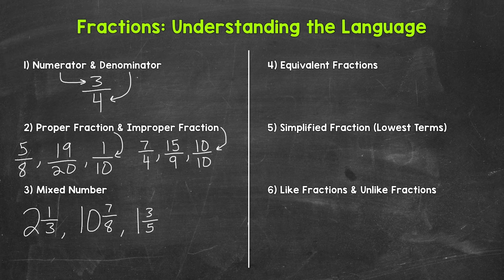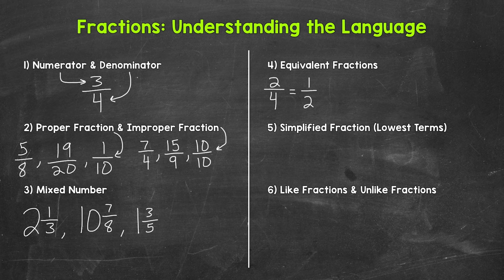Moving on to number four, we have equivalent fractions. Now, equivalent fractions are fractions that have different numerators and denominators, so different names, so to speak, but they have the same value. For example, 2/4 is equivalent to 1/2. You can see that both of those fractions, they have different numerators and denominators.